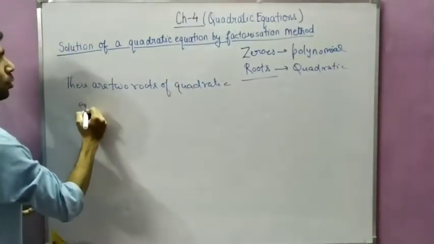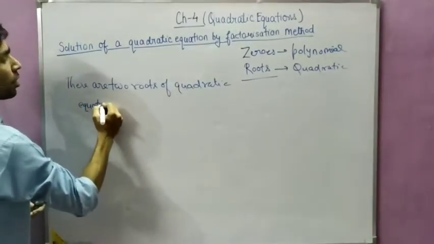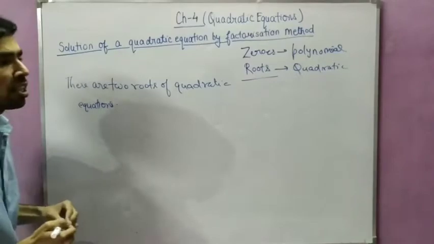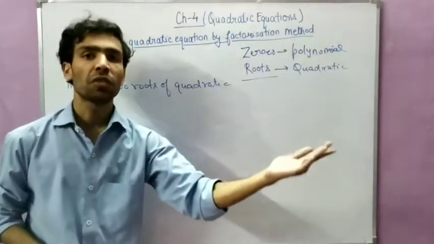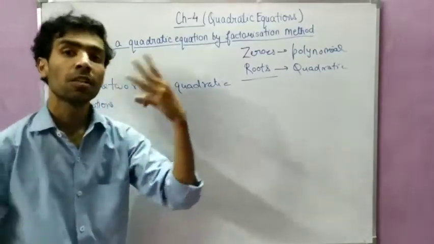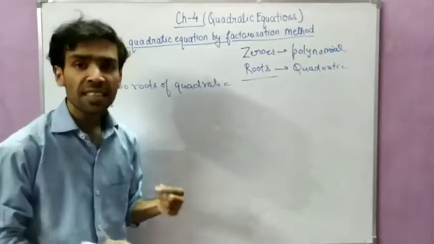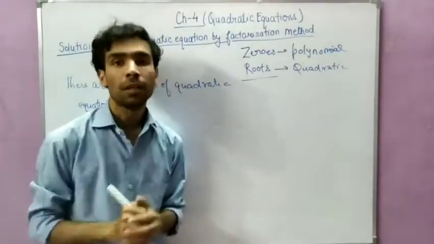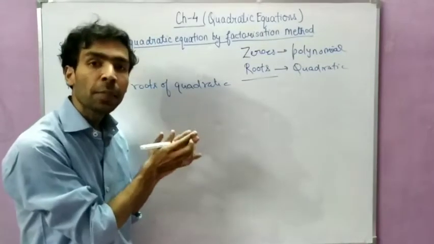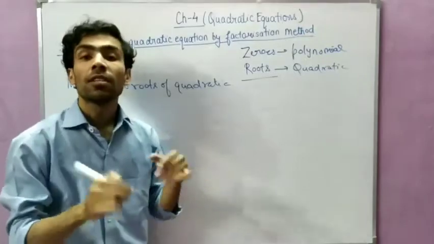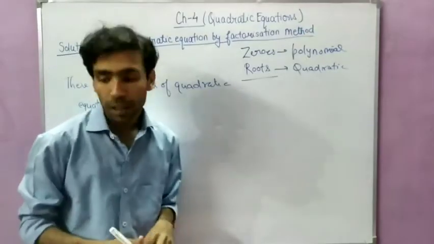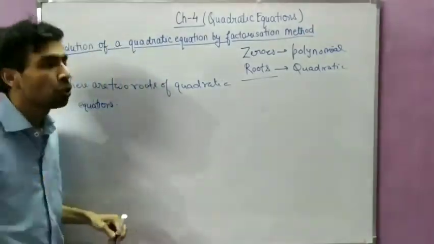Suppose a linear equation is there, how many roots will be there? 1. A cubic equation is there, how many roots will be there? 3. And the root is nothing but the value of the variable. Whatever variable we are using in the quadratic equation, the root is just the value of the variable. This will become clear when we solve the questions.